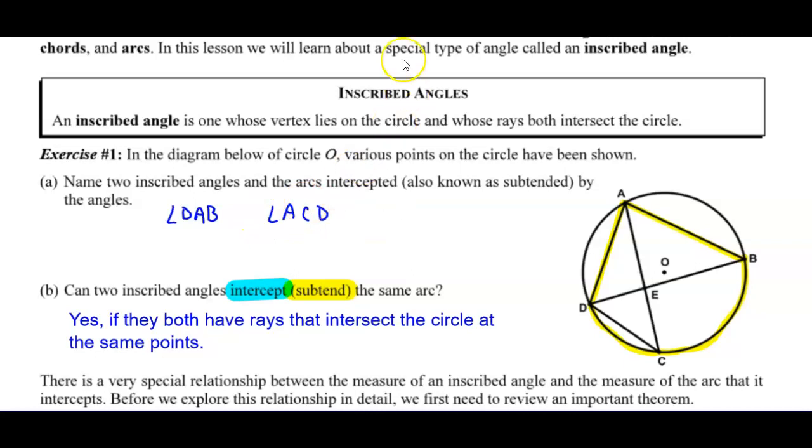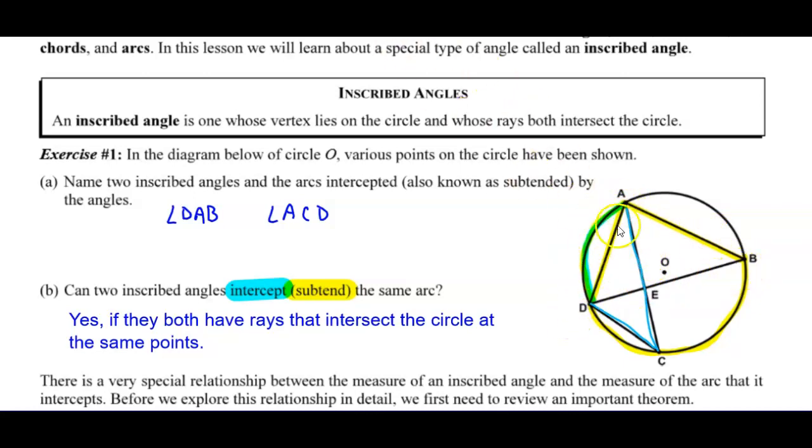That one that I just named, if I highlight that one, that's going AC and DC. If I highlight that, the arc that it subtends is arc AD. Do that in a different color. All right, and then I can also take that same arc, those endpoints AD, and take them out to a different point.